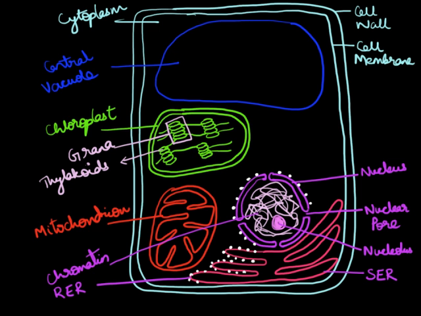Another organelle that is seen is the Golgi apparatus. It is another kind of set of membranes, but it is slightly different from the endoplasmic reticulum. The Golgi body is drawn like this. First draw two lines parallel to each other, and then at the end draw a bulb sort of shape.